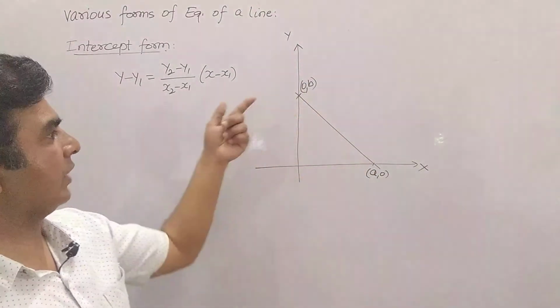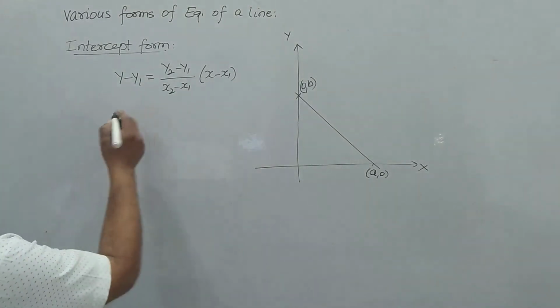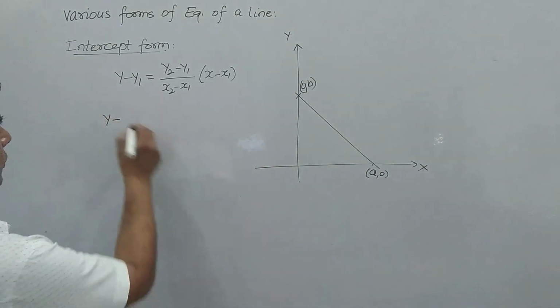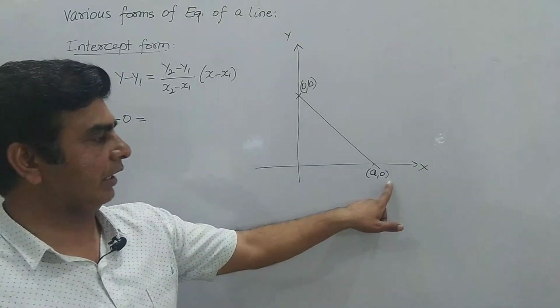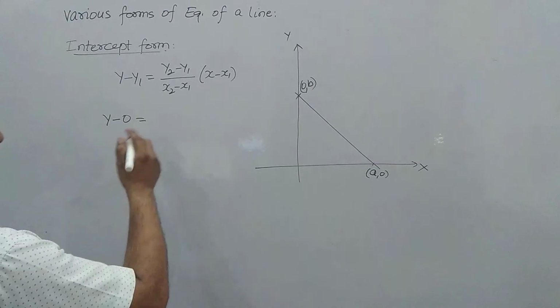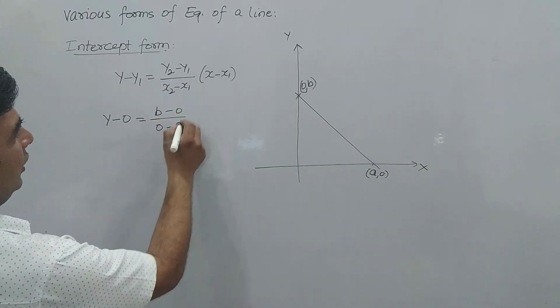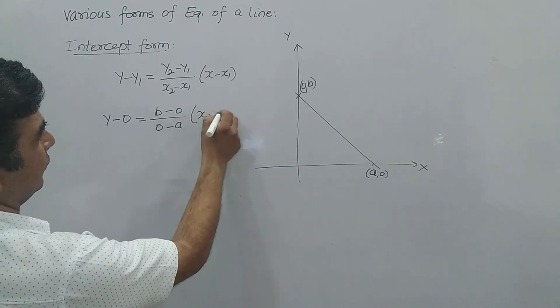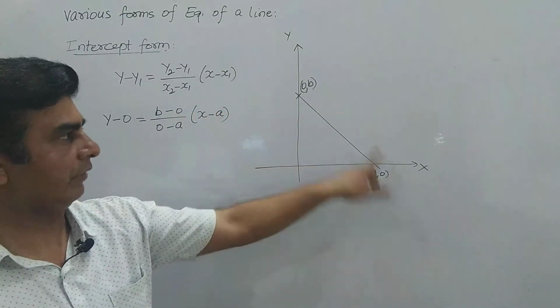So let me replace (x1, y1) and (x2, y2) in the given form of the equation of a line. This is given by y minus y1, which is y minus 0, is equal to, what is your y2? This is (x1, y1), this is (x2, y2), then this is b minus 0 upon 0 minus a times x minus x1, which is a.